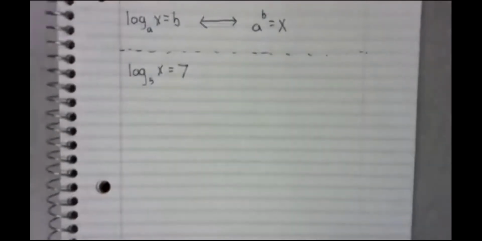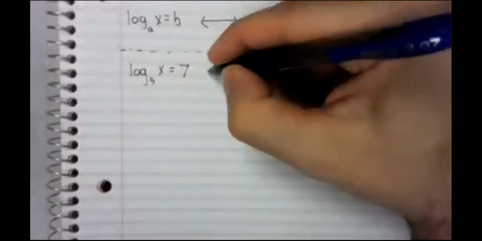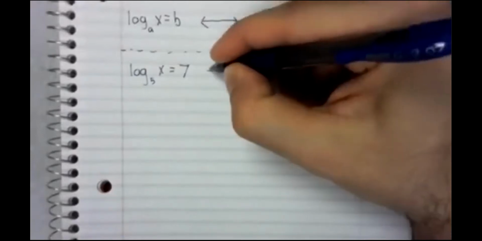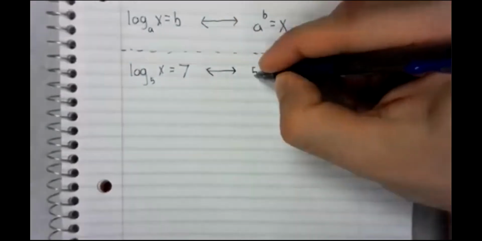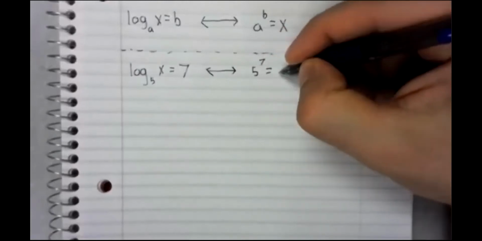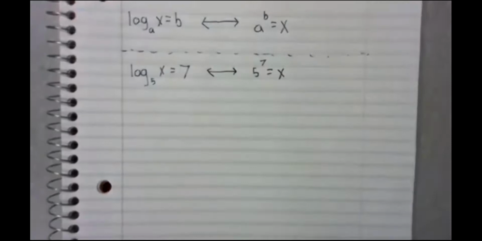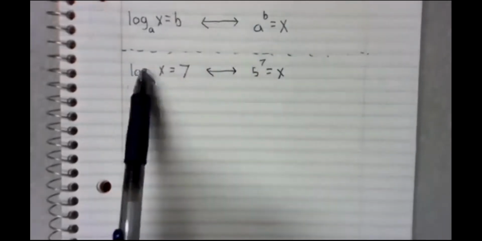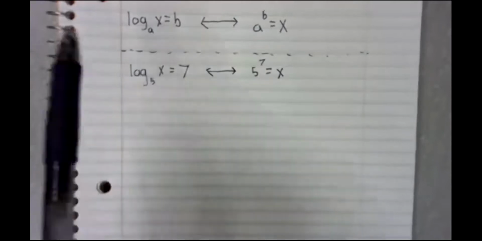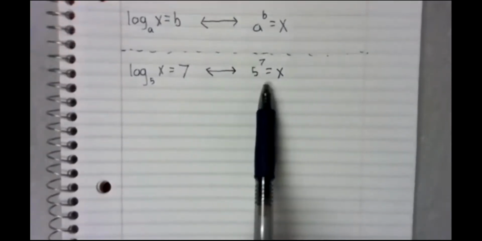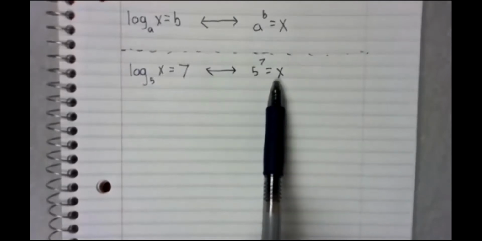But if we rewrite it, it stops being an equation and just becomes an explicit statement about what x is equal to. x is equal to 5 to the 7th, when we take this logarithmic statement and write down the equivalent exponential statement.